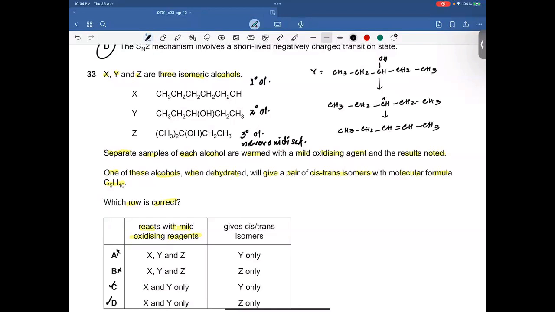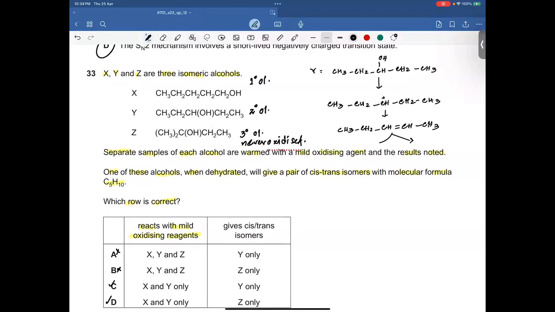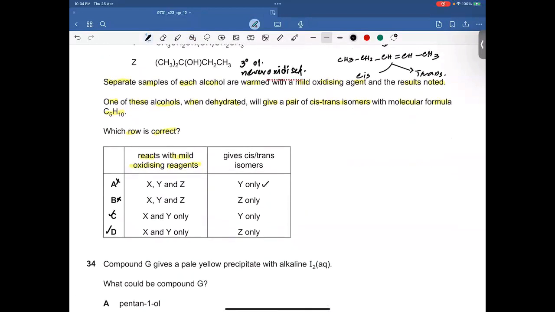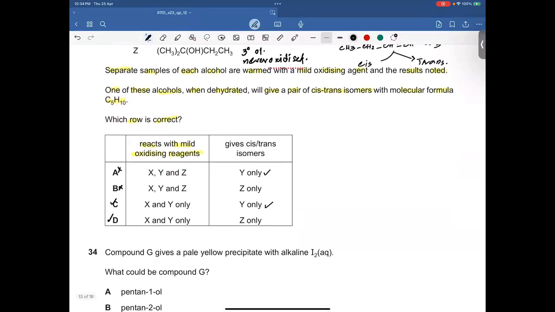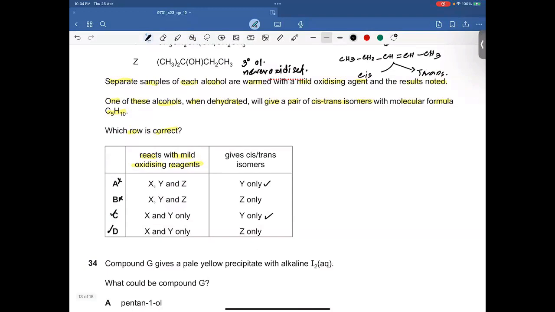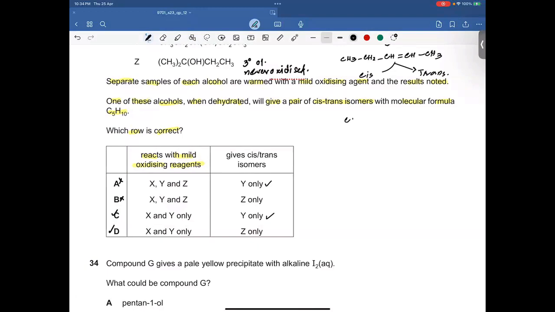So that's your pentene, and according to my lecture, which we discussed in the class, this pentene gives you both cis-pentene and trans-pentene. So Y gives you cis and trans pentene. Let's talk about Z, because Z is also very important. Let me write the structure first.